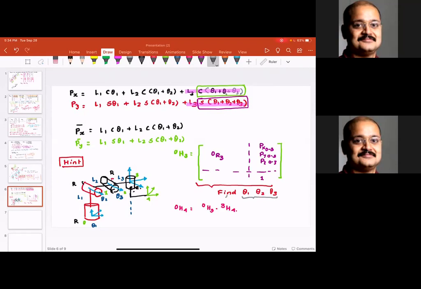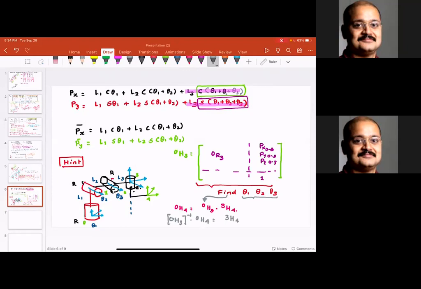In other words, this guy is known. Do you agree with me? At this point, I can invert this matrix. And this is a homogeneous transformation. It's a unitary matrix, so inverse is equal to transpose. But if you want, you can inverse this. So you are going to get 0H3 inverse times 0H4 is equal to 3H4. Do you agree with me?